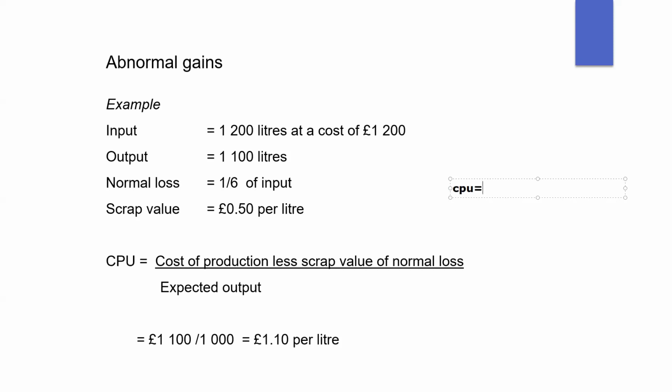Now I'm going to calculate the cost per unit. Cost per unit is the total cost minus normal loss scrap value, divided by the expected output.